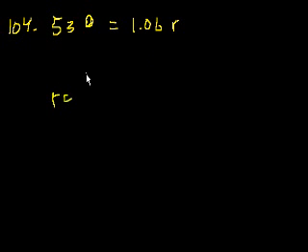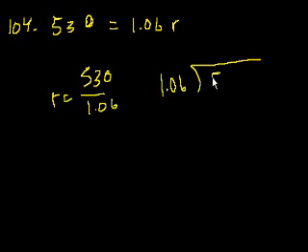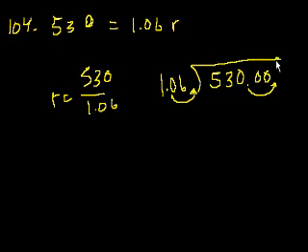So retail is equal to 530 divided by 1.06. 1.06 goes into 530. That's a decimal. Add 2 zeros. Shift the decimal over to the right twice. 106 goes into 530 5 times, right? 5 times 106 is 530.